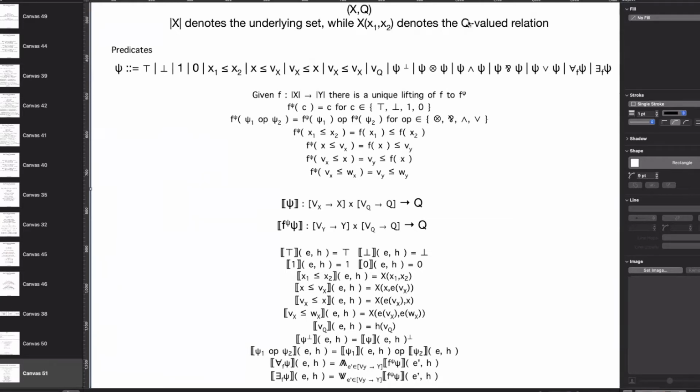An example of a Quantile would be tropical, so-called tropical mathematics. So max plus, where max is interpreting the join and plus is interpreting the tensor. If you took the integers under max plus, that would be an example. So the underlying set X would be the integers.